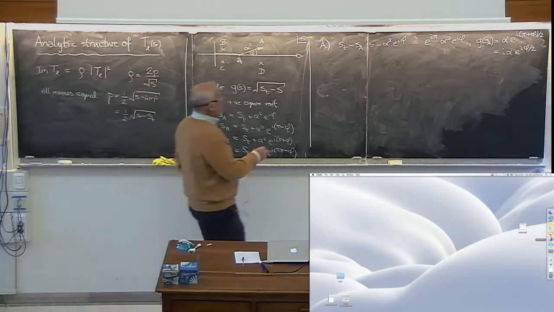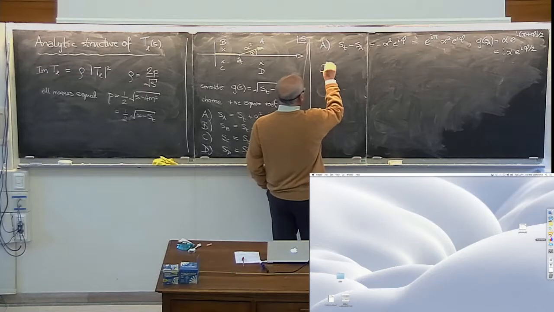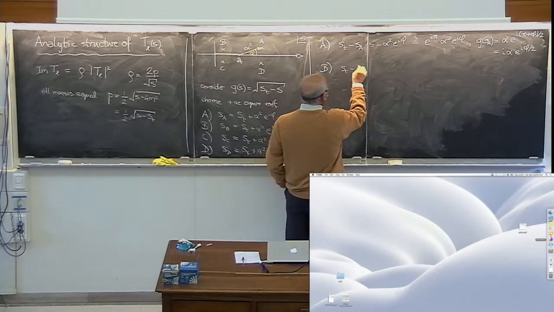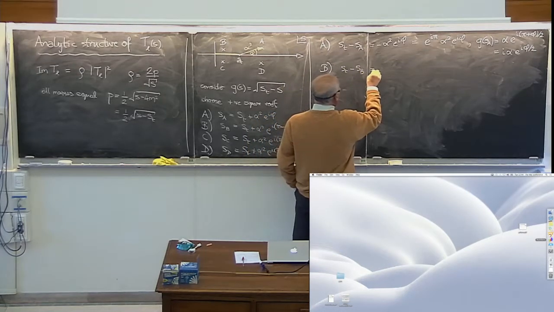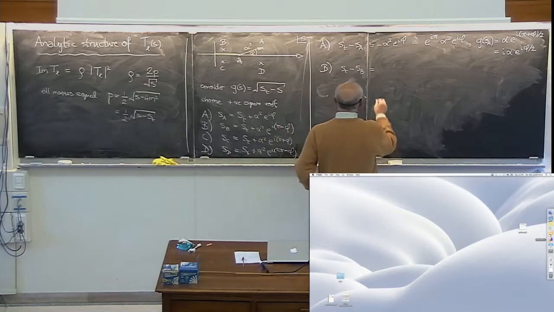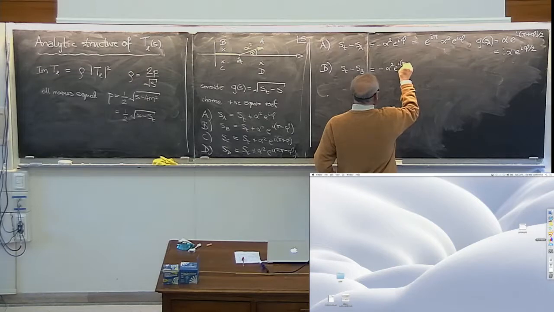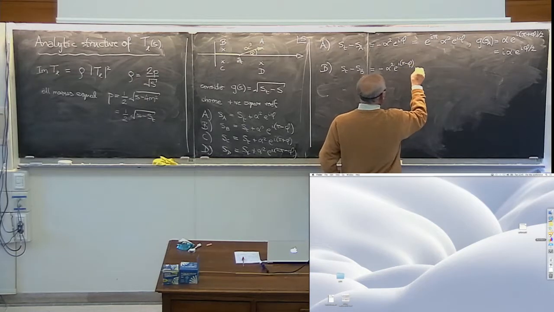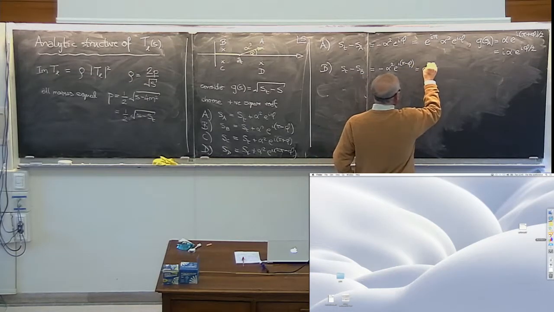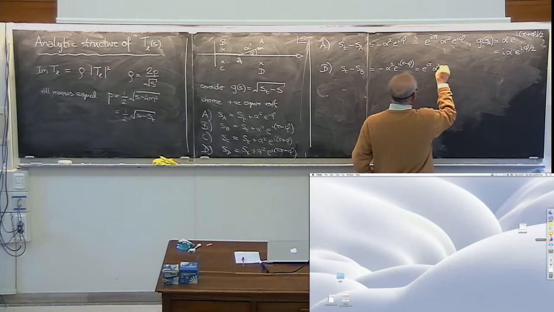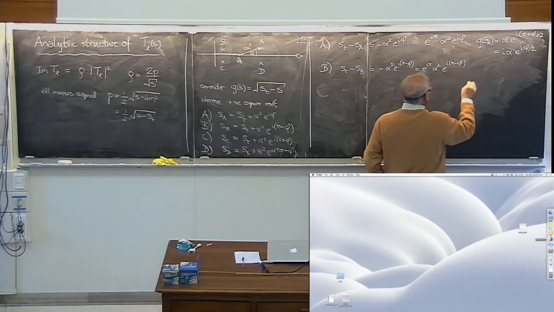Now let's do the same at B. St minus Sb is equal to minus alpha squared e to the I pi minus phi, which is equal to e to the I pi alpha squared e to the I pi minus phi.